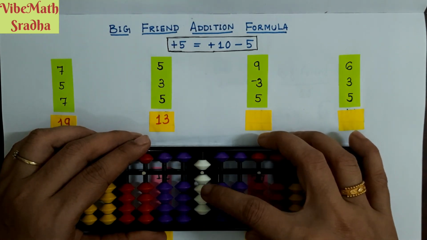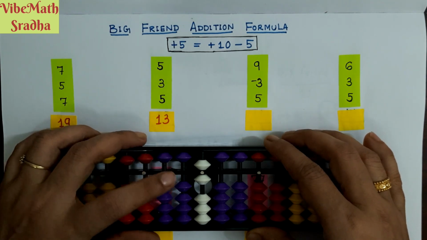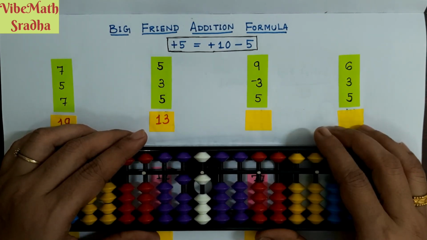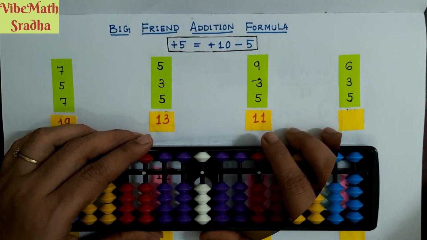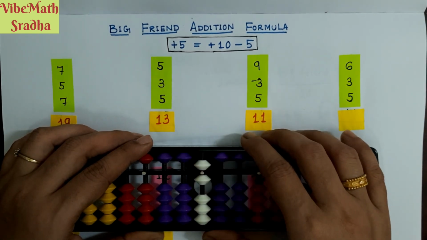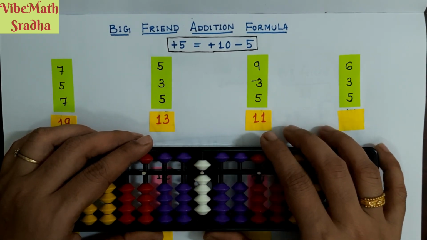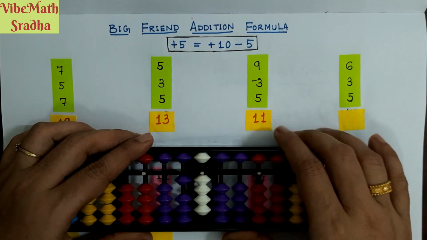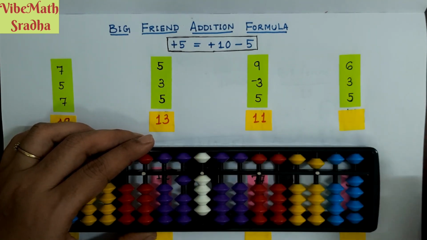9 minus 3 plus 5 is plus 10 minus 5. Answer is 11. Next question, 6 plus 3 plus 5. 6 plus 3 plus 5 is plus 10 minus 5. Answer is 14.